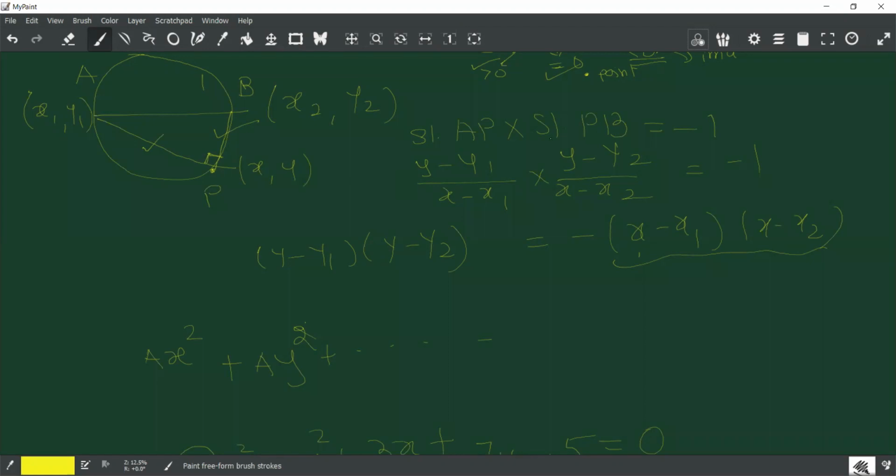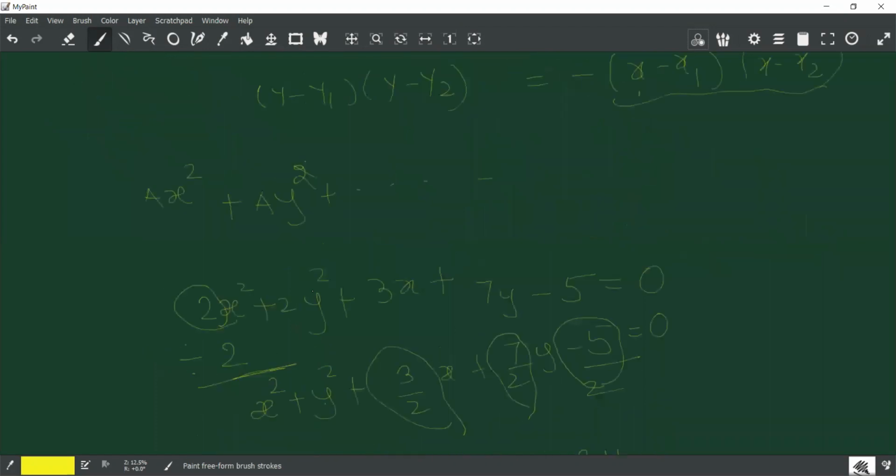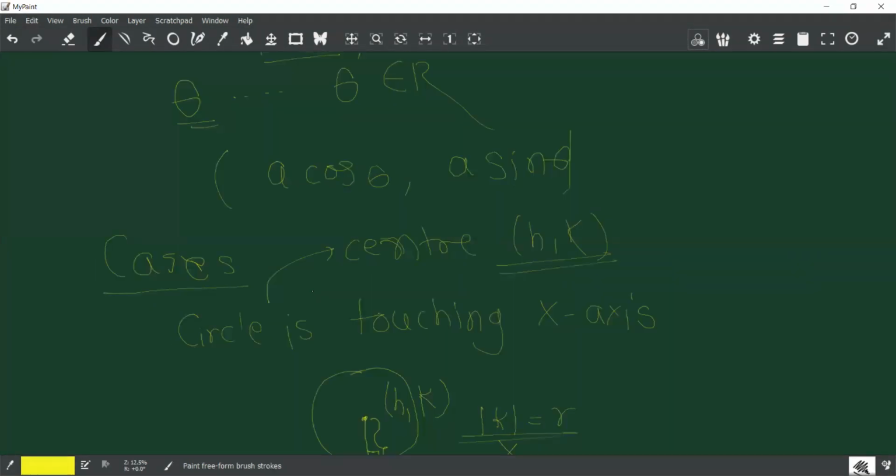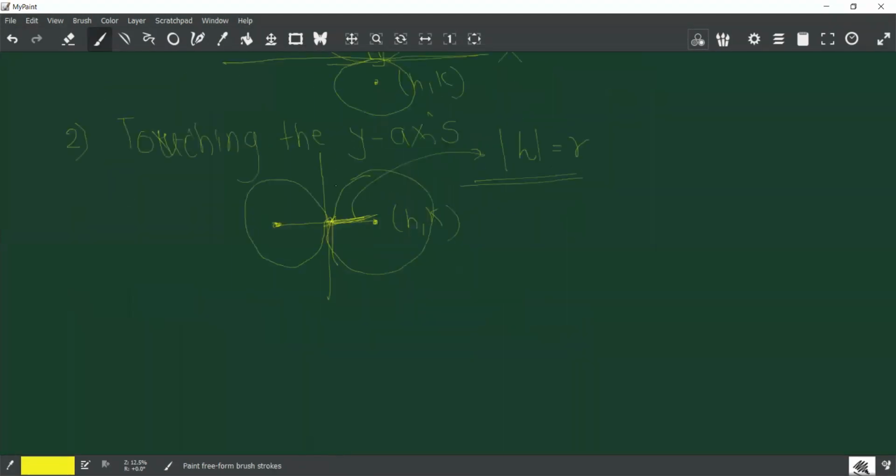I got the slope of AP into the slope of PB, and equated it with -1. Then this into this goes there as minus, the entire term will come there and it will become positive. Okay. Now can I go to the next case?